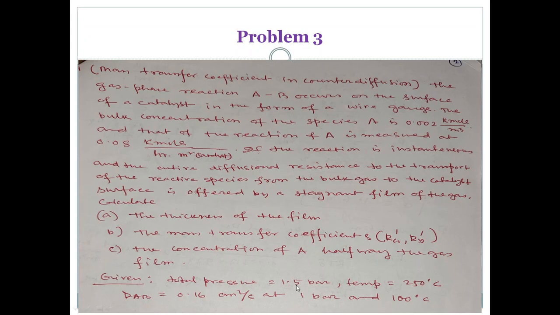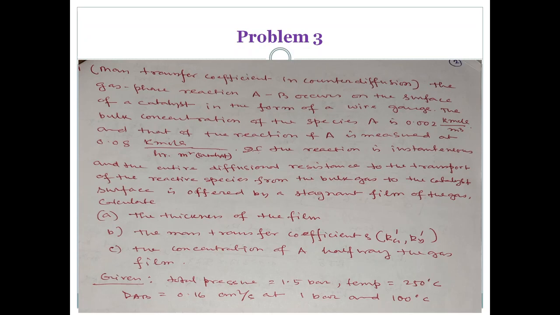So when you use this DAB for this system, you have to calculate it at this pressure and temperature, and for that we have the relations, that DAB is proportional to T to the power 1.5 and inversely proportional to P. That has to be taken care of here. Your reaction condition is different, so you have to calculate DAB at the reaction condition.